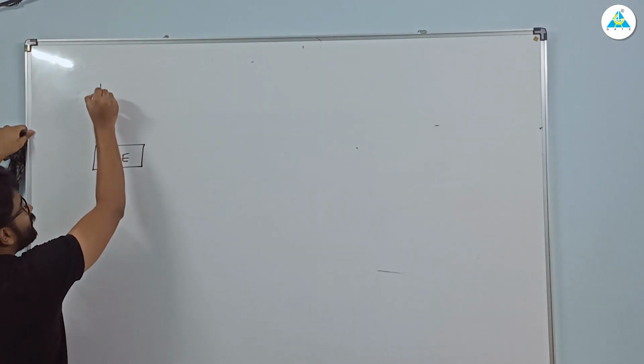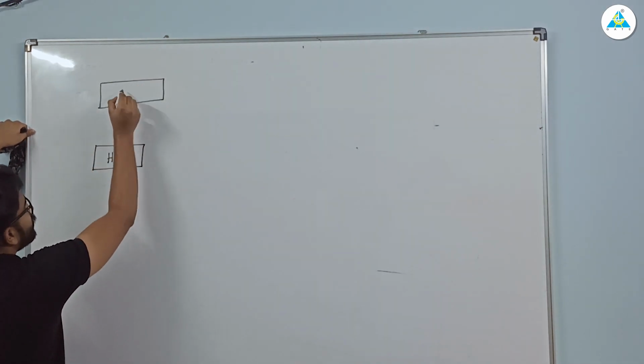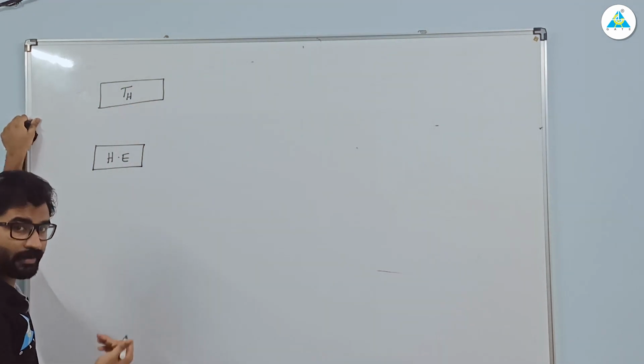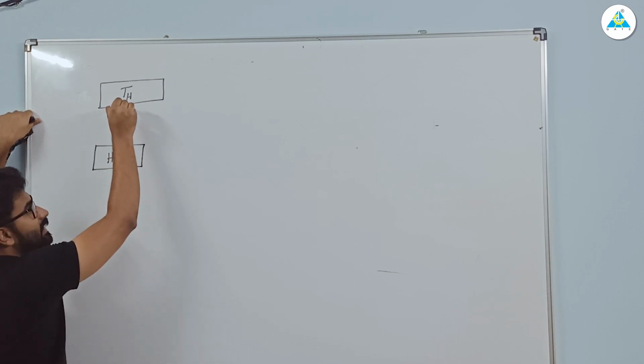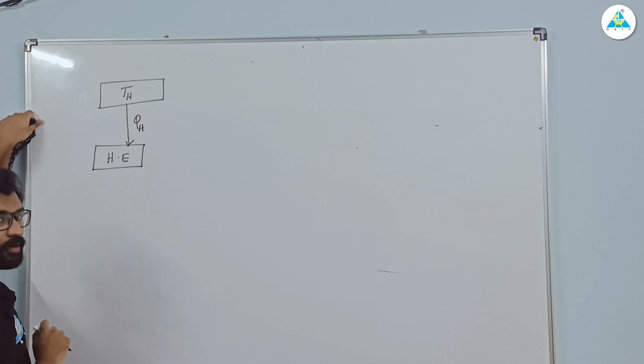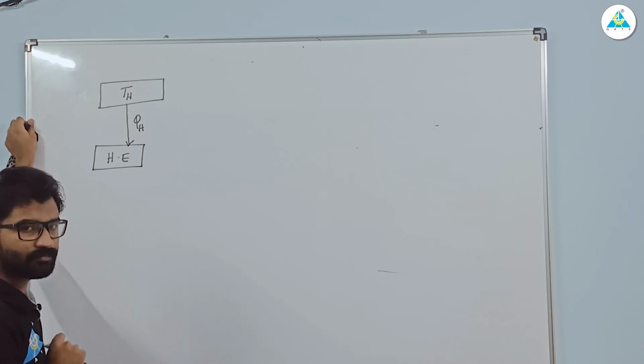That is, we have a high temperature source. This is our TH. It is a high temperature source and I am taking heat from it. So QH is the amount of heat I have taken from the high temperature source.